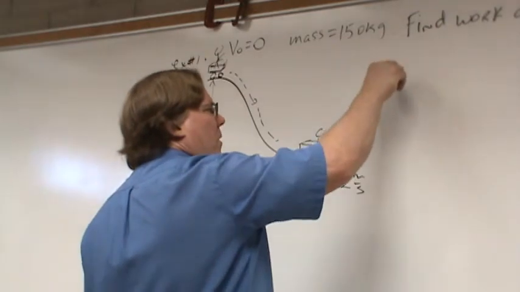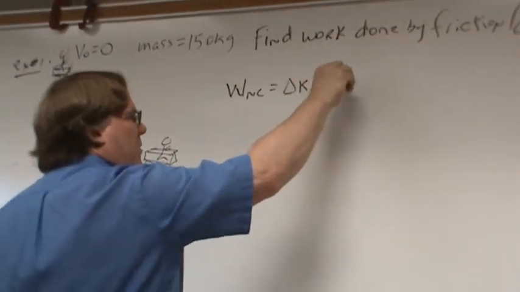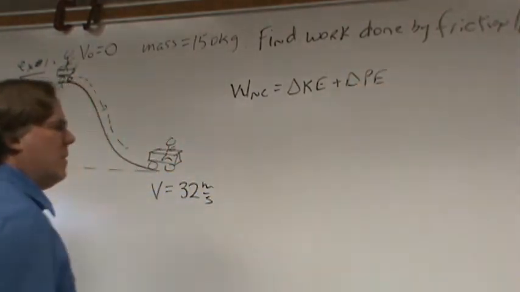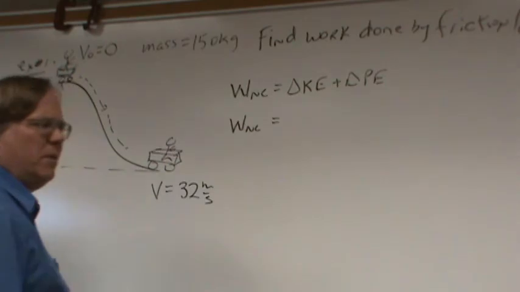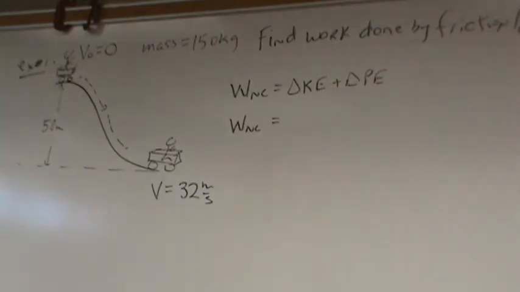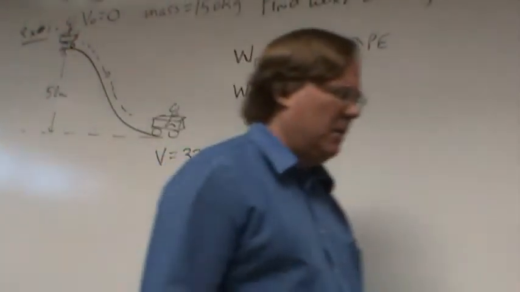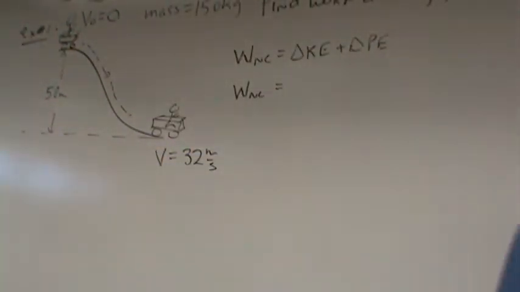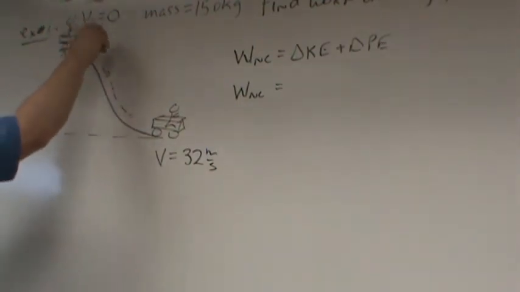Let's do it. Work by non-conservative force equals change in kinetic energy plus change in potential energy. The work done by non-conservative forces equals. You have to make sure you have it really clear in your head what the initial and final scenarios are, what the initial and final position is. Are you guys okay that this here is the initial position?